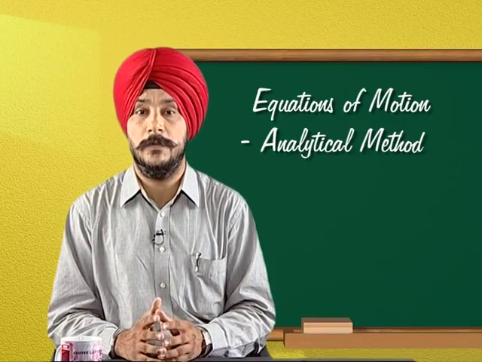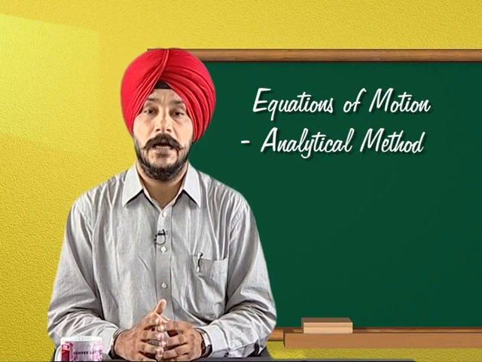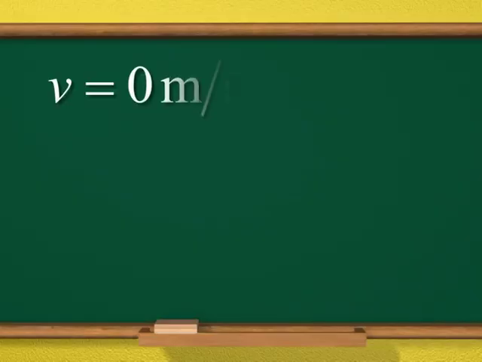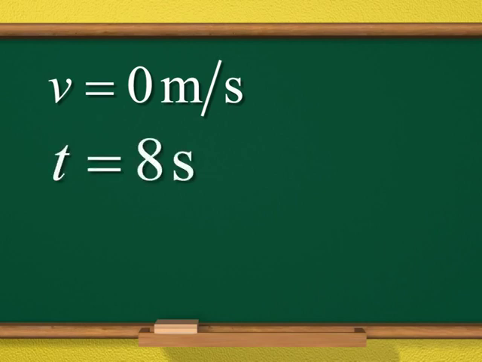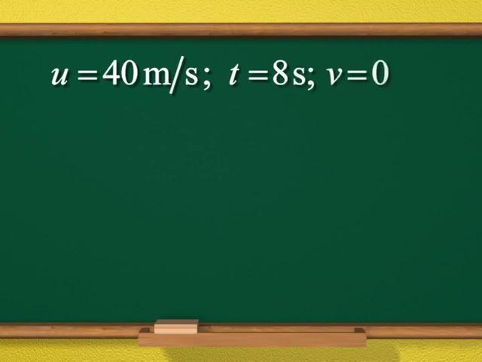In the same problem, if sudden brakes are applied and the car comes to rest in next 8 seconds with uniform deceleration, what would be the deceleration of the car? Here, initial velocity of the car is 40 meters per second and after 8 seconds, final velocity becomes 0.